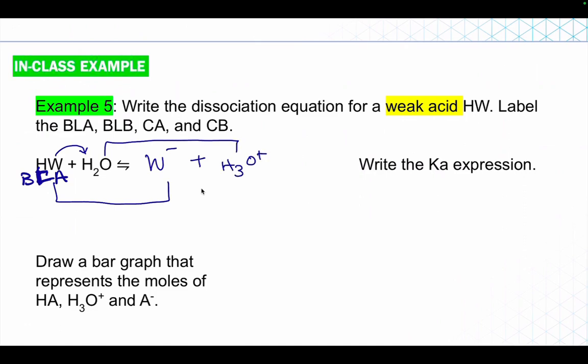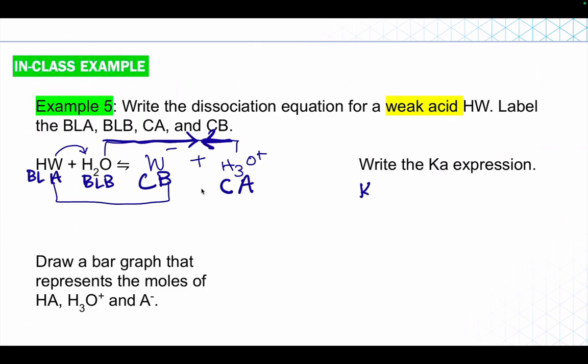So this is the Bronsted-Lowry acid. This should always be the base, and it is. If you read it going this way, it is going to accept a proton. Then if I read it the other way, going backwards, this is an acid, and this is a base, and then we just call them the conjugates.